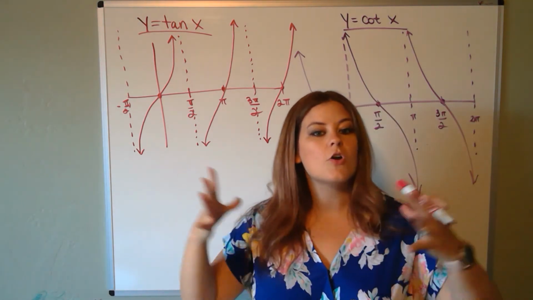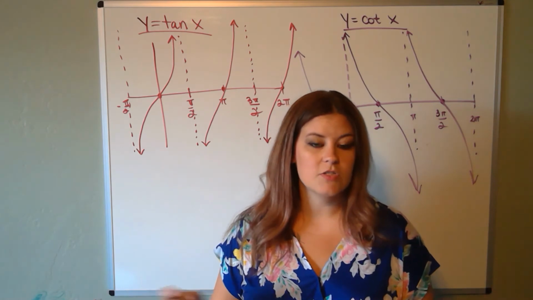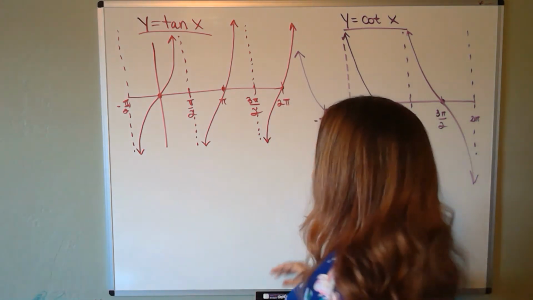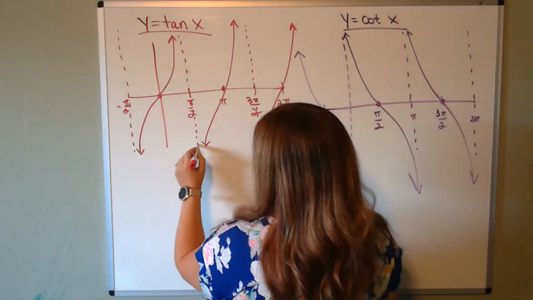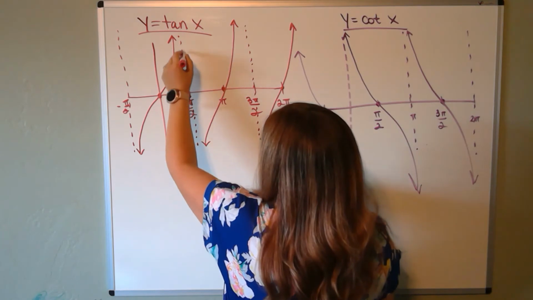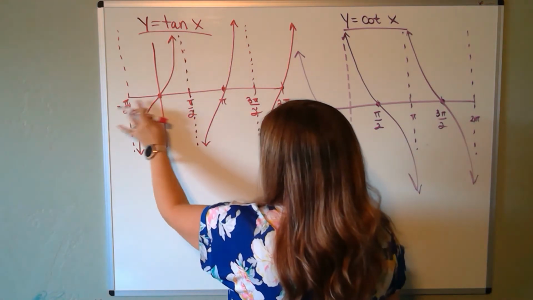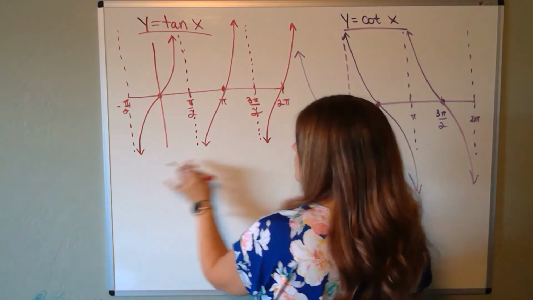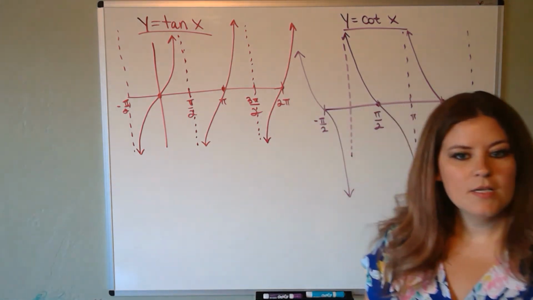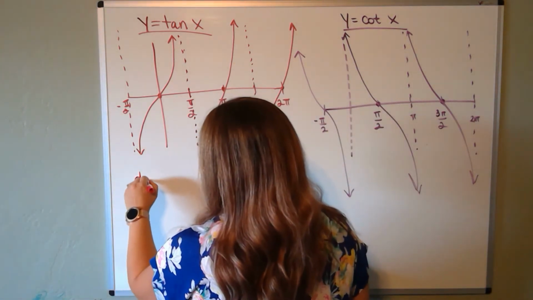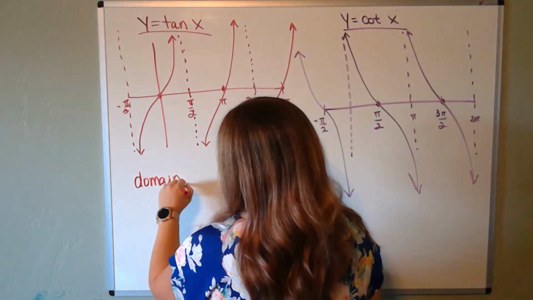Remember, domain are the x values of a function. All the x values of the function where they are defined. So notice for tangent, our domain looks like all these x values are fine, all these are fine, and all these are fine, but it has these breaks where it stops.